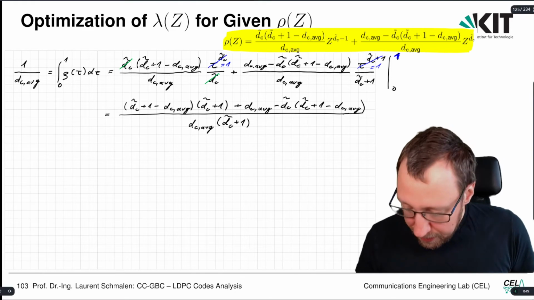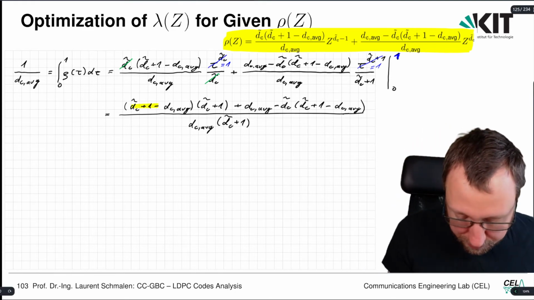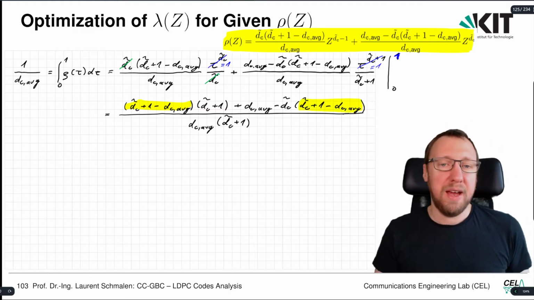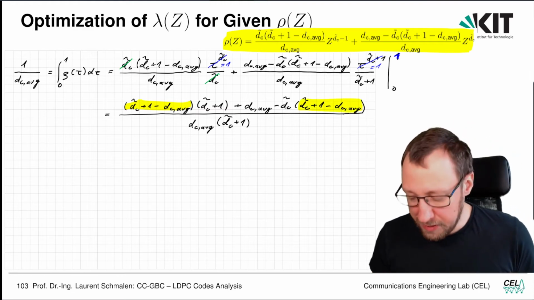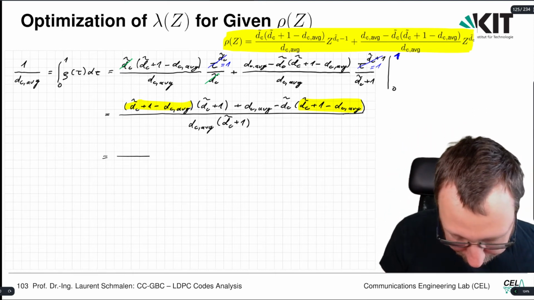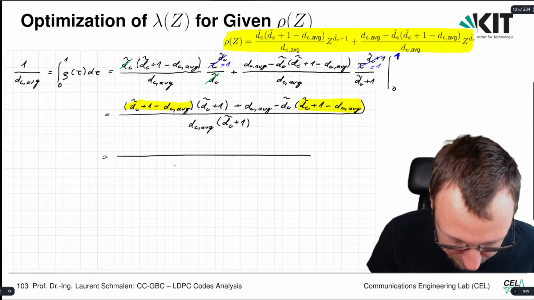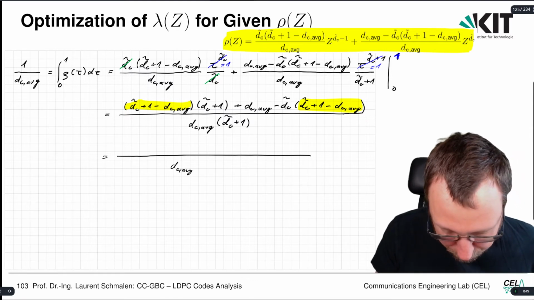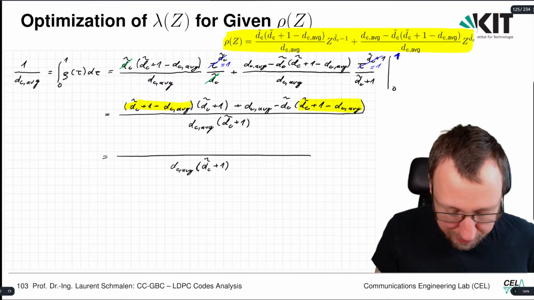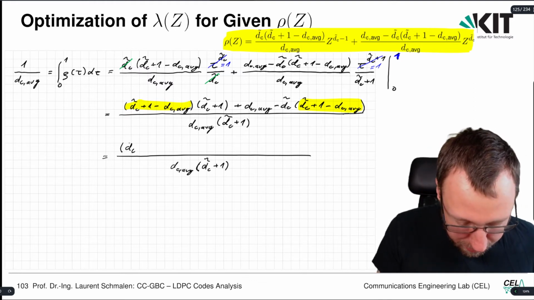Okay, so now we can factor out this guy. So that's a common factor of the first and the last summand. So we're going to just factor this. So DC average times DC tilde plus 1 is in the denominator. And now we take out this factor.